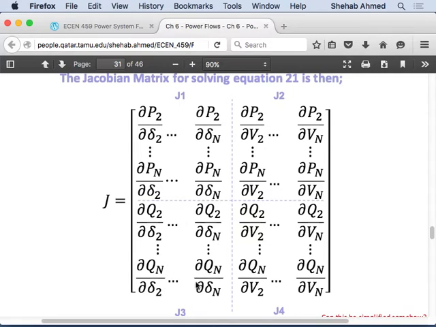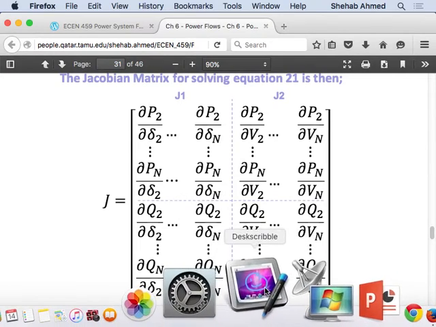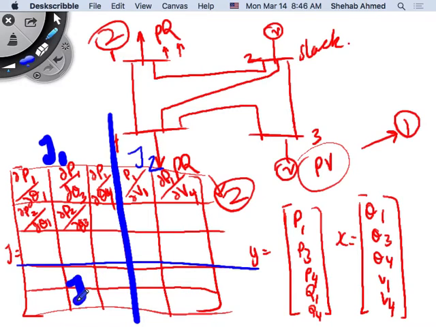These are the reactive powers with respect to angles, and reactive powers with respect to voltages. What is the significance? I will talk about that briefly now. This will be the J3. This will be the J4, right? Does everybody see? This is nothing special. They're just calling it that because of the way we constructed the vectors and the matrices, we ended up with a Jacobian matrix that has a defined shape.